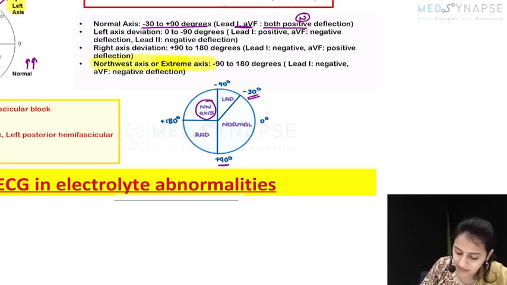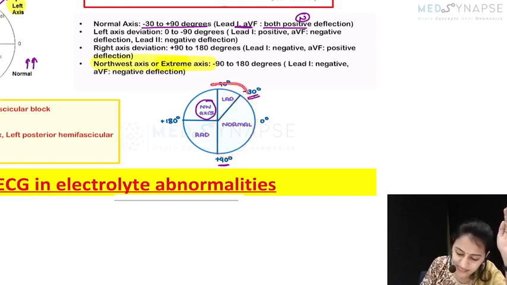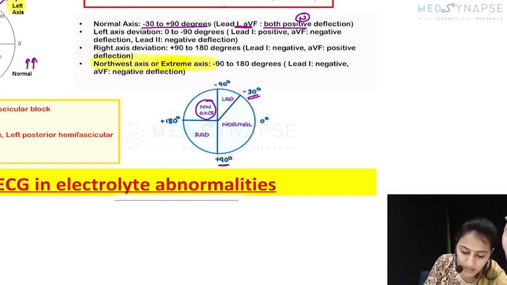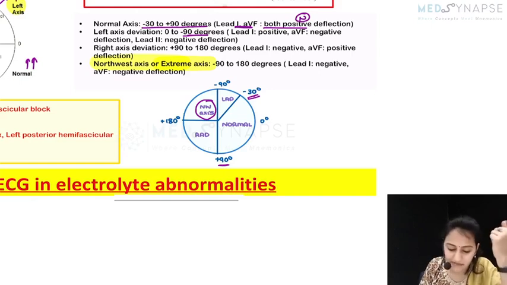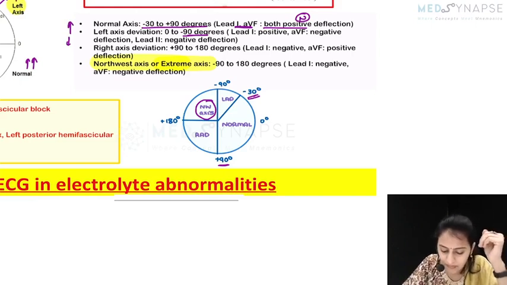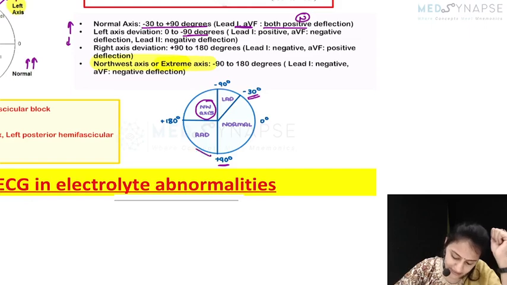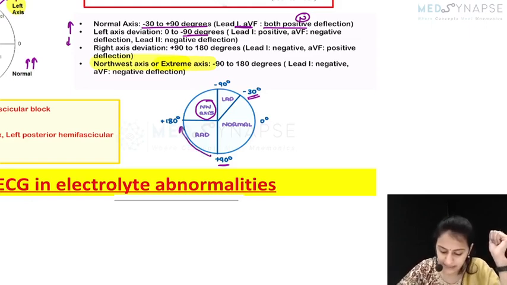Left axis deviation means if this is the heart here going more towards the left side, that means it is becoming more negative. So minus 30 to minus 90. Left axis is leaving each other, so positive and negative. Right axis means this is where the heart is going towards the right side. Okay, that's the right side.